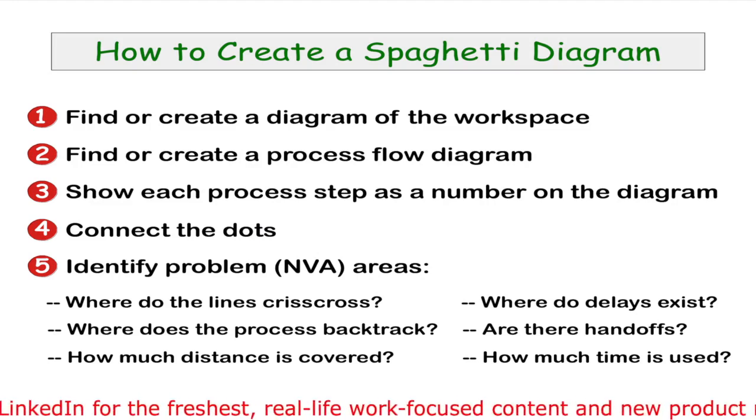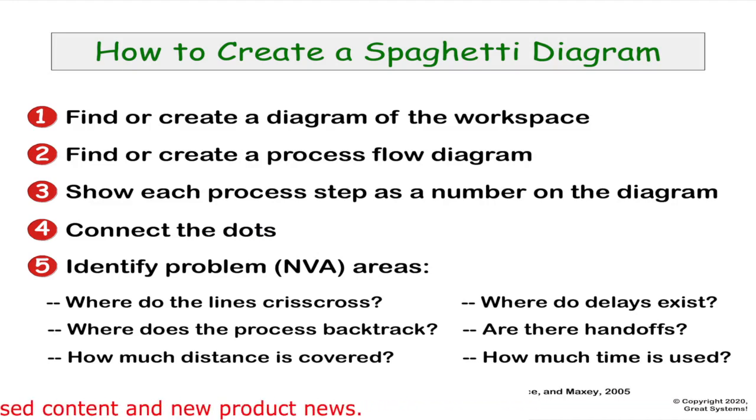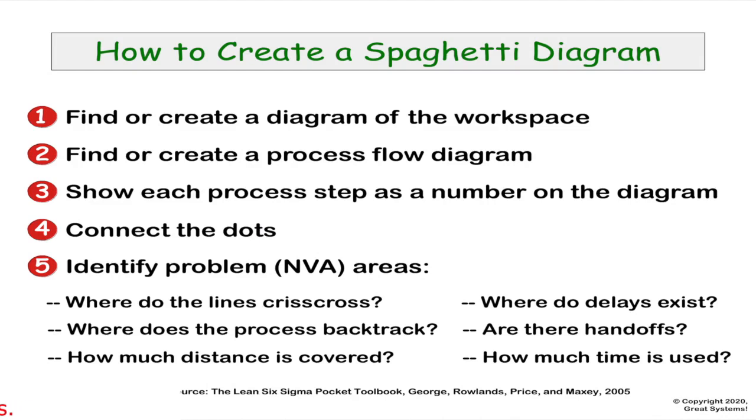How to create a spaghetti diagram. Step 1. Find or create a diagram of the workspace. Step 2. Find or create a workflow or process flow diagram. Step 3. Show each process step as a number on your workplace diagram. Step 4. Connect the dots. Step 5.